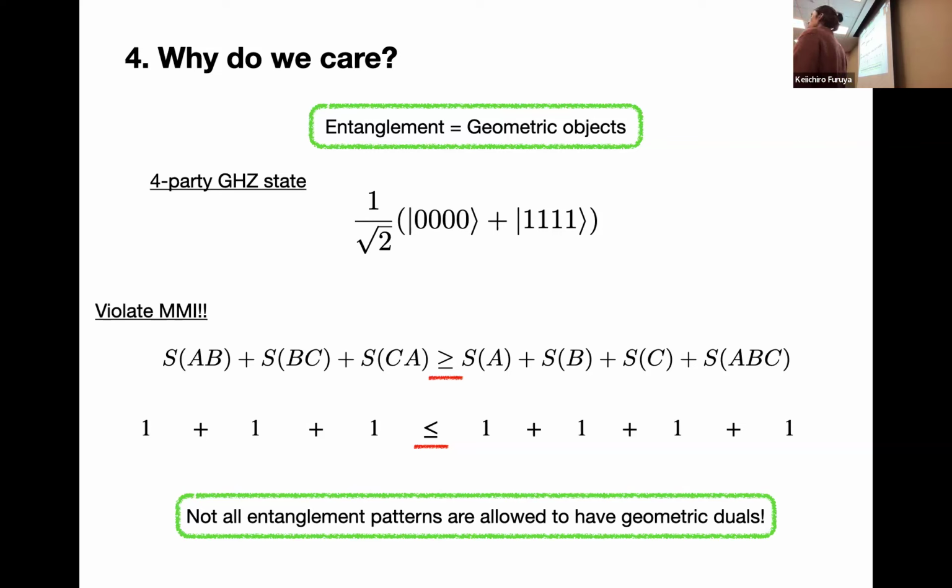My answer is I don't know. There might be some exotic space-time that corresponds to this 4-qubit GHZ, but I don't know. My point is that a quantum state that has a GHZ entanglement pattern cannot satisfy the MMI. So for example, in a QFT state, if you have a GHZ entanglement pattern in that state, then that state should not satisfy the MMI.